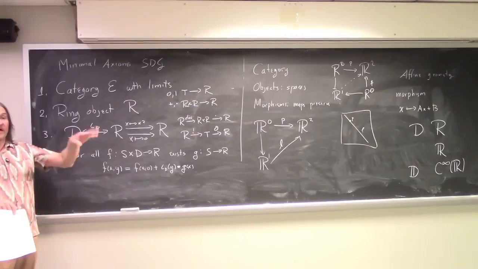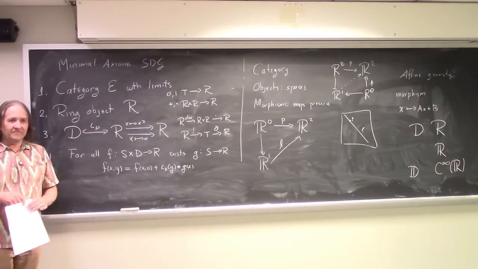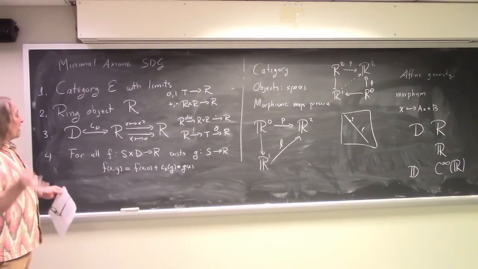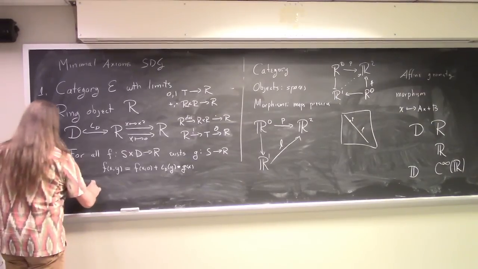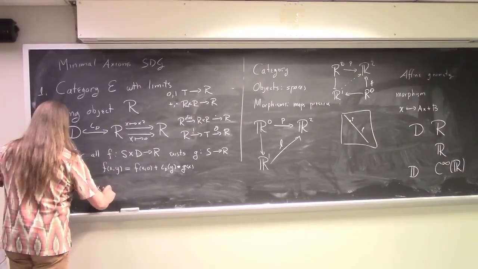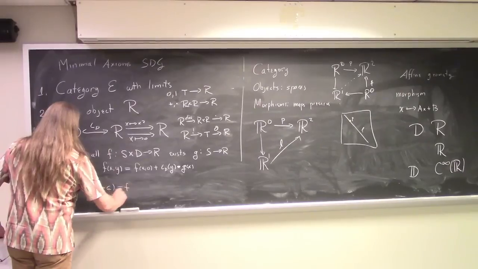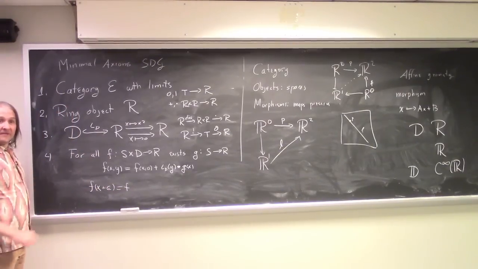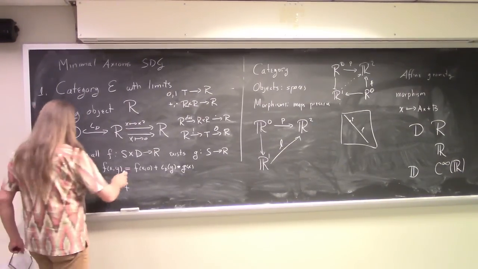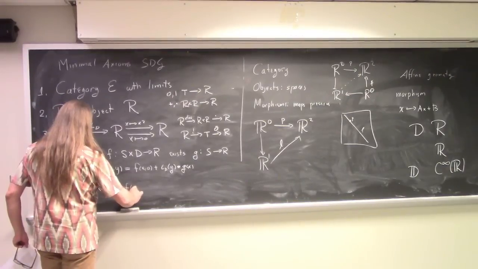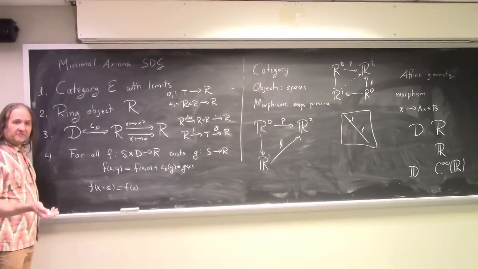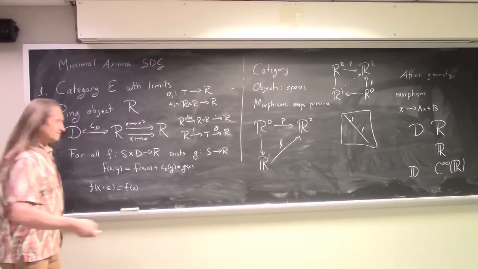Don't ask me to do it off the top of my head, but somebody's done it. So I might have to add an axiom of the form, roughly speaking, that if f of x plus epsilon equals f of x for infinitesimals, then f is constant.